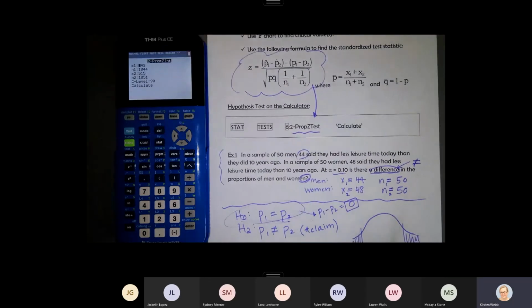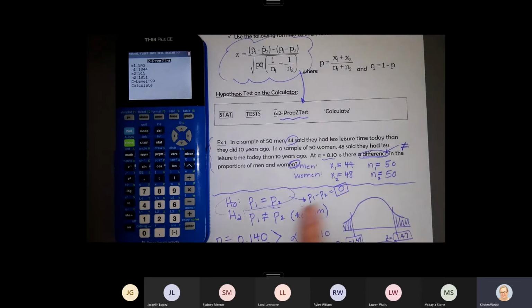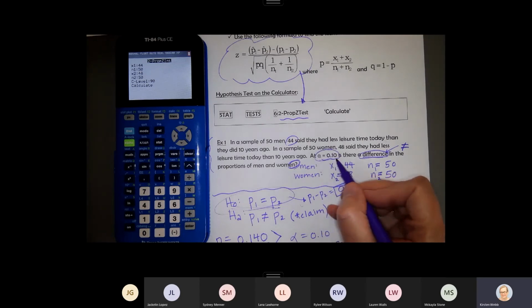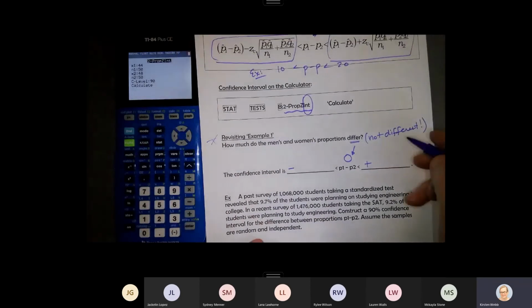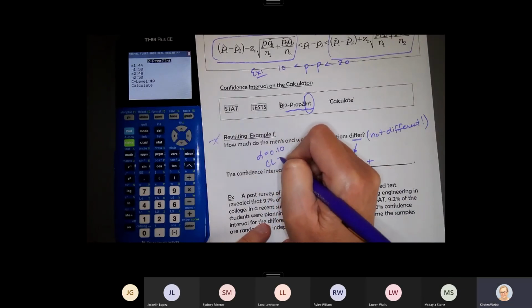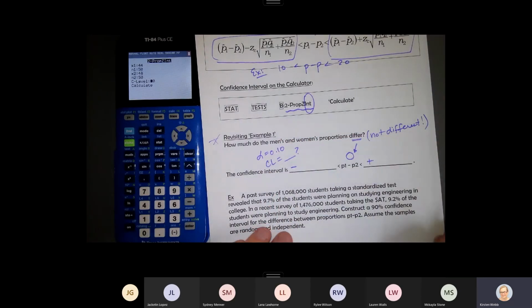And since we're going back to example 1, let's type in those numbers again. We had 44 out of 50 for the men and 48 out of 50 for the women. One other thing we'll want to notice was alpha in that problem was 0.10. So alpha 0.10, what confidence level would that correspond with?